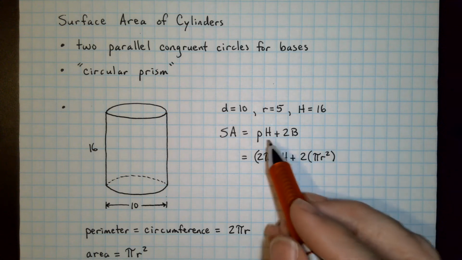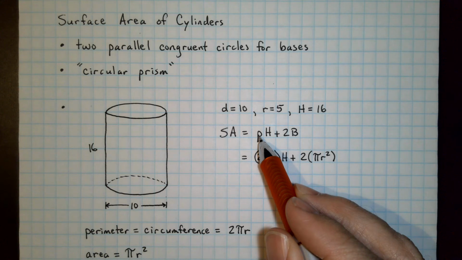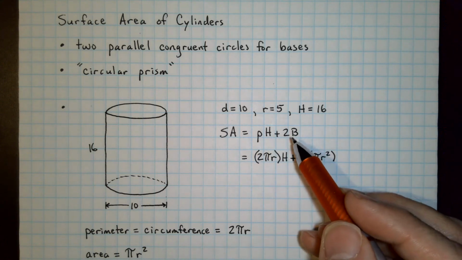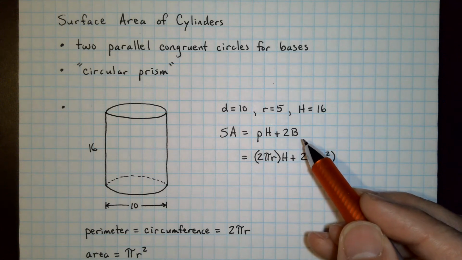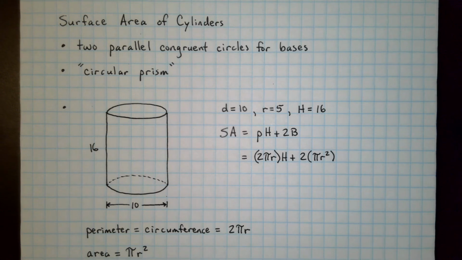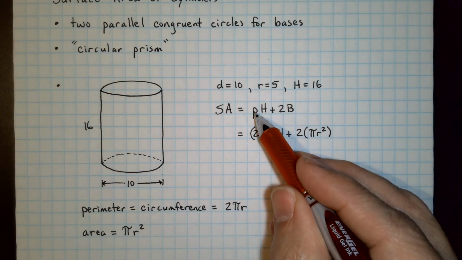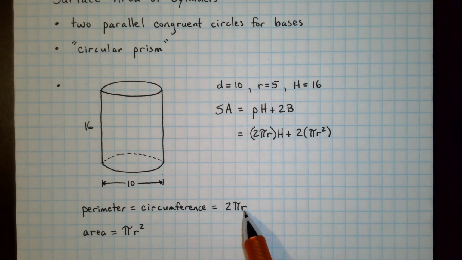If I start with the same formula, P, which is the perimeter of the base, H, which is the height of the prism or cylinder, and B as the area of our base, then I can substitute what I know about circles. The perimeter of a circle is the circumference of that circle, or 2 times pi times radius.